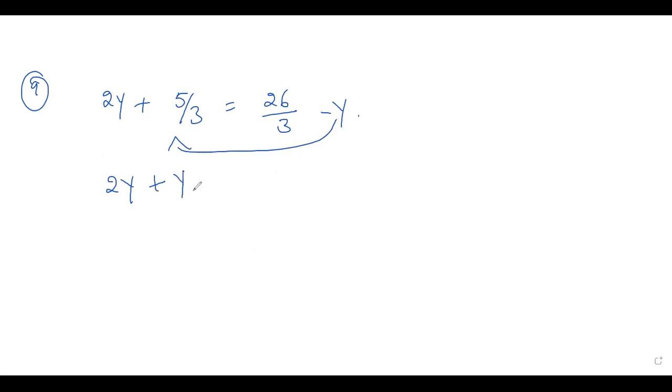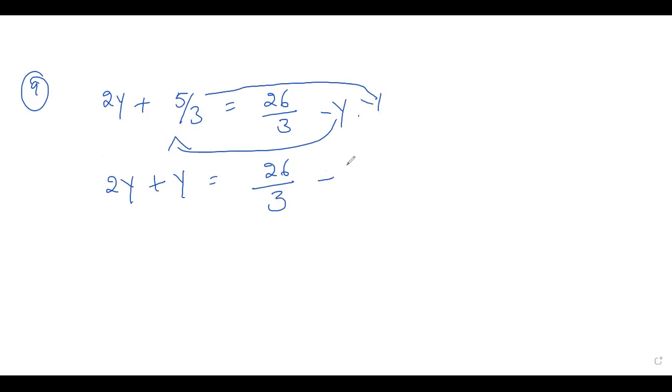Ninth one, 2y plus 5 by 3 is equal to 26 by 3 minus y. So shift the variable, bring the variables to one side. So I'm shifting this minus y. It becomes plus y, so 2y plus y is 3y.